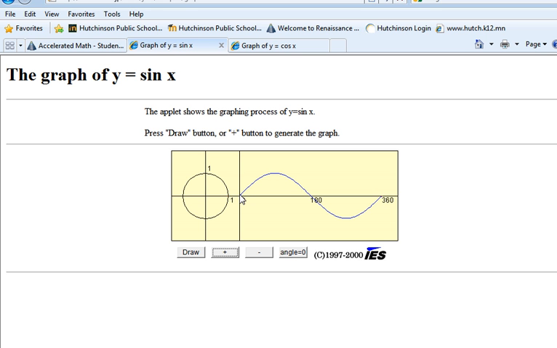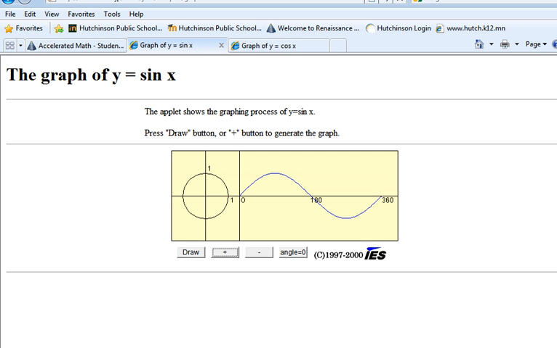There's no value along my x-axis that it can't be. Along your y-axis, if you look at the range, remember the range is what your y's can be. The biggest my y can be is 1, and the smallest my y can be is -1. So it has a range between -1 and 1. And that is on the pictures of your graphs, just so you know.